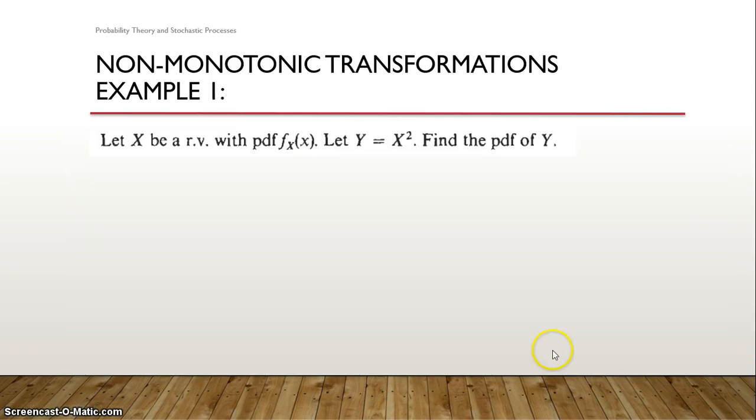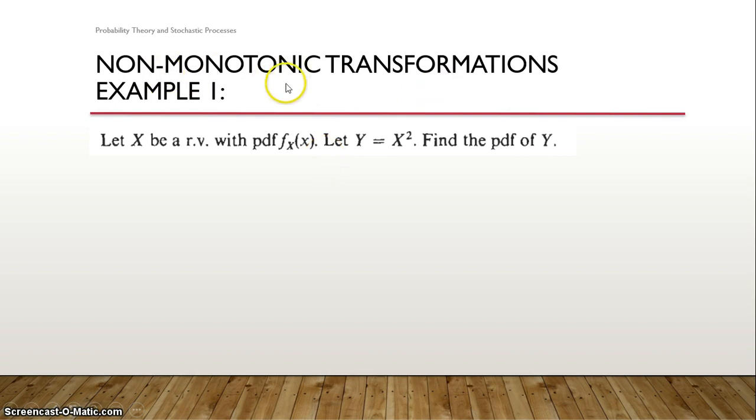And coming to the non-monotonic transformation, I think you remember what non-monotonic is. A non-monotonic function is a function where y follows x, either increasing or decreasing till some instant, and after that it shows the opposite behavior.